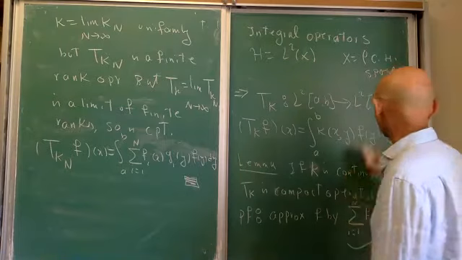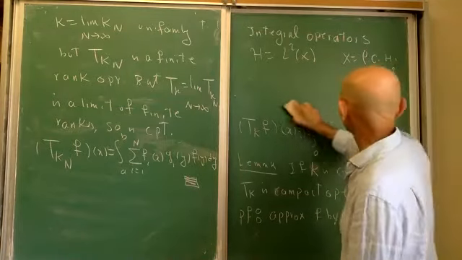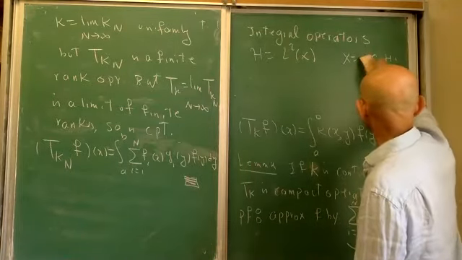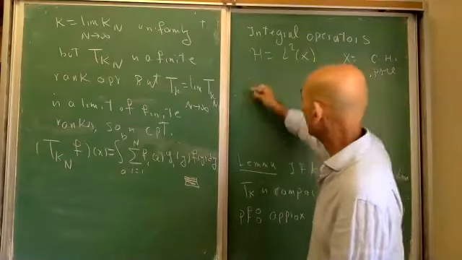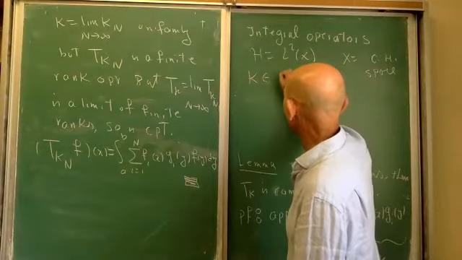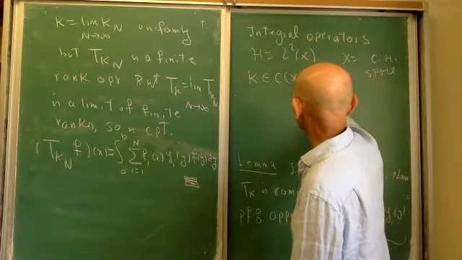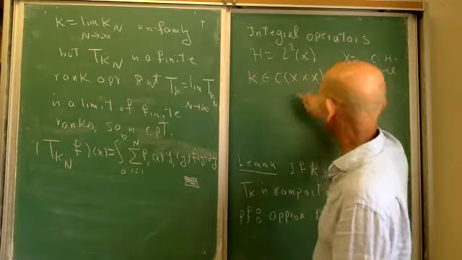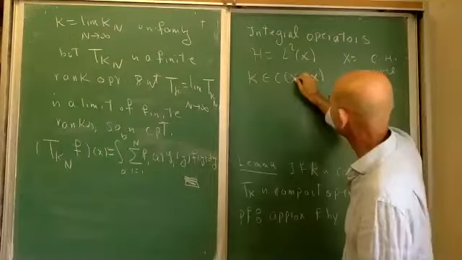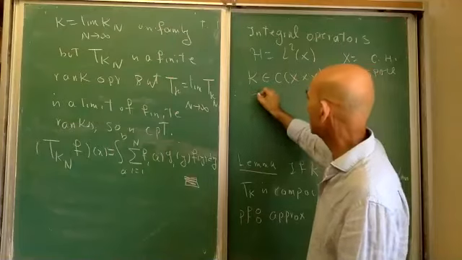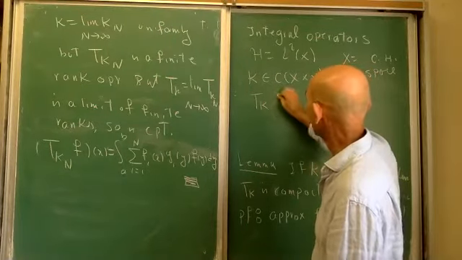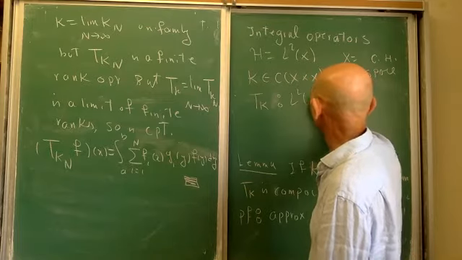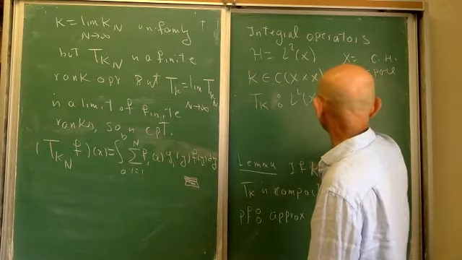And let me just take a compact Hausdorff space to make life a bit easier. You can take K, a continuous function of two variables. So it's a continuous function on X cross X, right? Then you can take this integral operator TK. So TK goes from L2 of X to L2 of X.